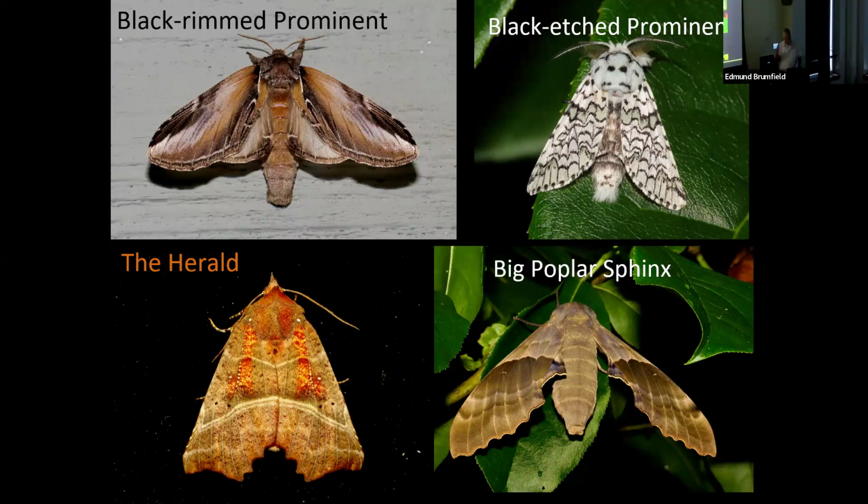I always like to take photos, if I can, of the wings spread, because oftentimes that's key to identification. Now, when I first started off mothing, the only field guide back in 2001 was the Covell guide. It was one of the Peterson field guide series.